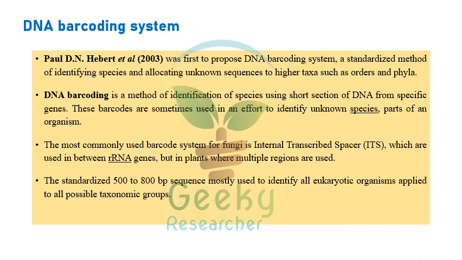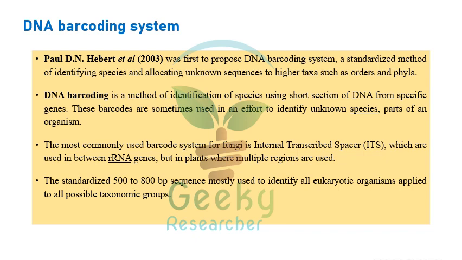Rather than telling you in detail, let me tell you what the probable questions will be. Who discovered this DNA barcoding system? Paul Hebert. What is the use of this DNA barcoding system? Allocating unknown sequences to higher taxa, such as order or phyla, and identifying species.